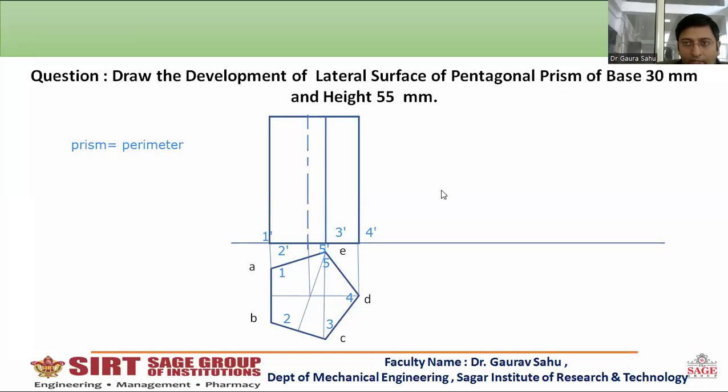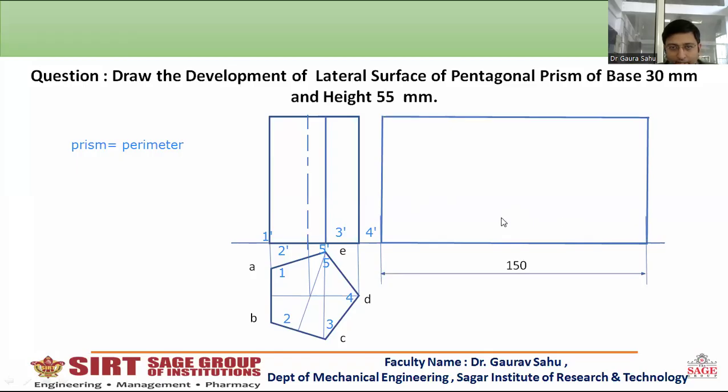How will you apply it to a prism having 5 sides? 5 sides, perimeter is 30 each, so 150. Now what will you do? You will draw a line of 150 mm, and that is how you open any prism. The figure generated by any prism is nothing but a rectangle.